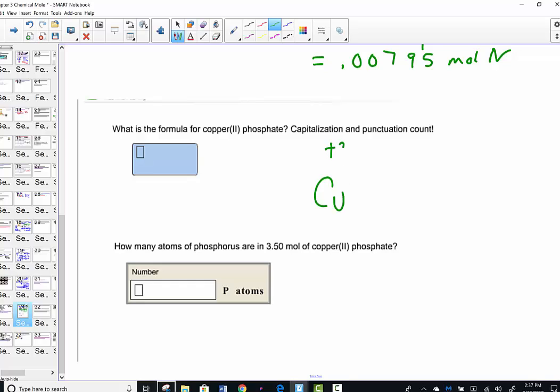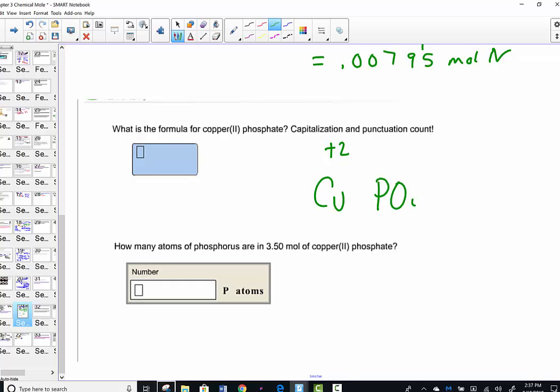Copper is carrying a +2. That's the meaning of the Roman numeral. The polyatomic ion called phosphate: notice the ATE. That tells me to check out my polyatomic chart and just stare it down until you find it. You'll become more and more familiar with those the longer you stare at the chart.